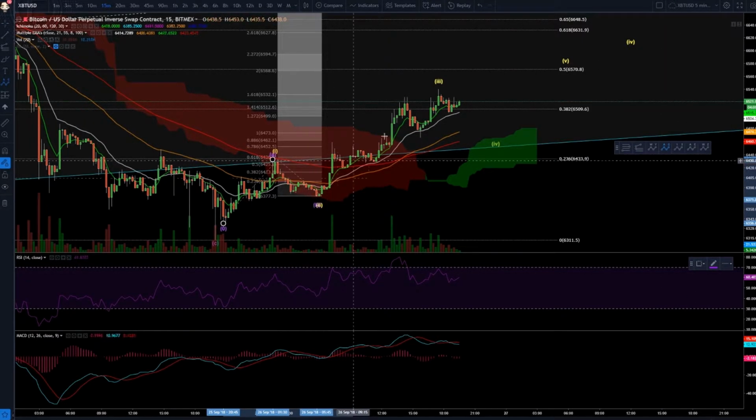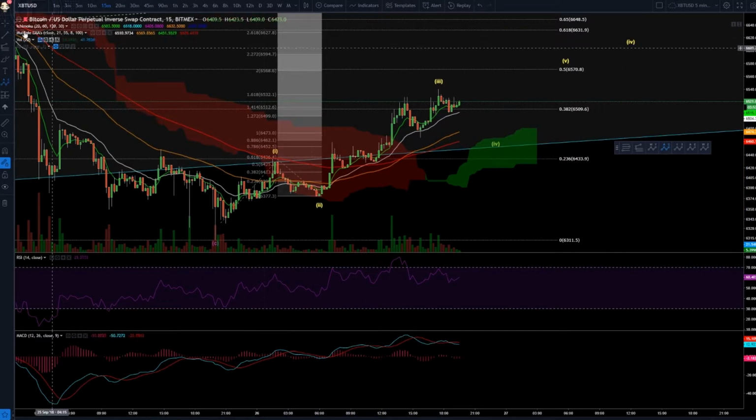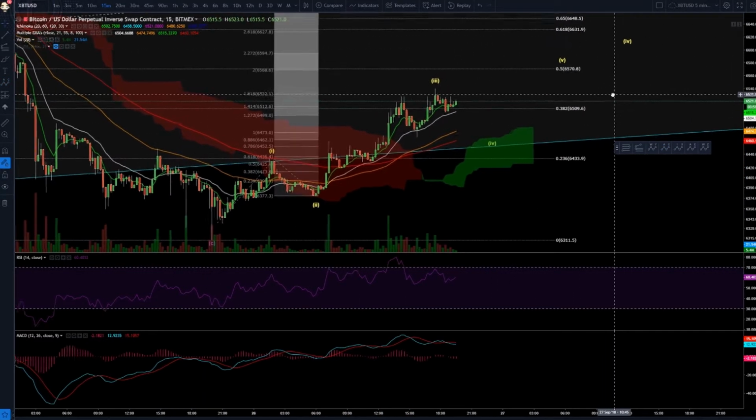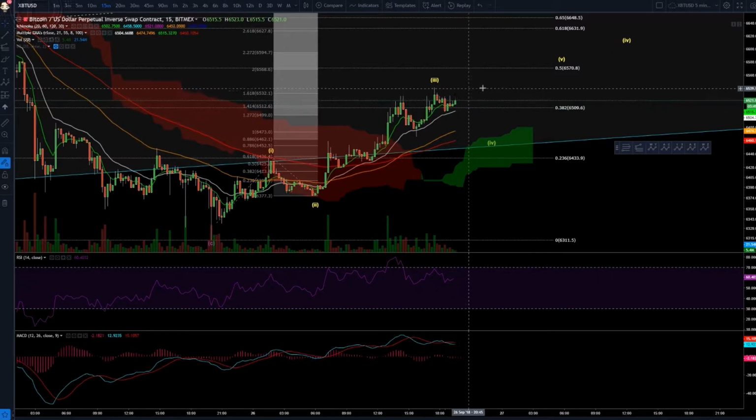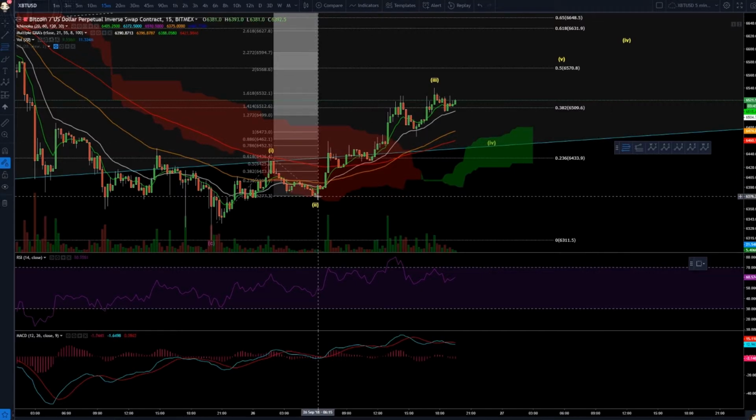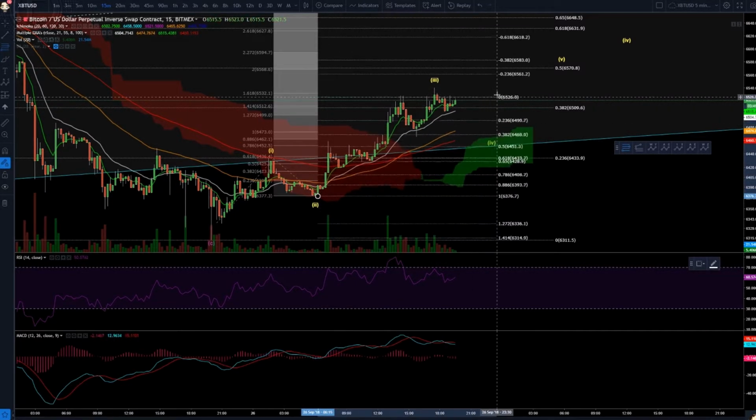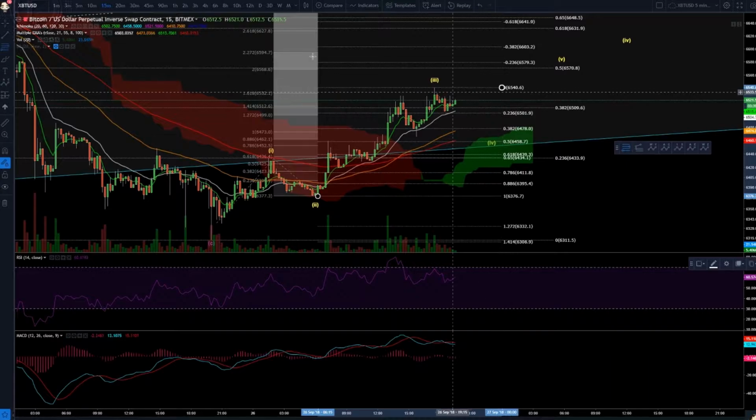Or it can be a simple A, B, C, done, right? So you never know, guys. That's why playing the 4 to the 5 is very, very dangerous. What we do know is that this will need to have a retrace, right? So if you want to be conservative, what you do is you take it from this second wave up to your third wave.